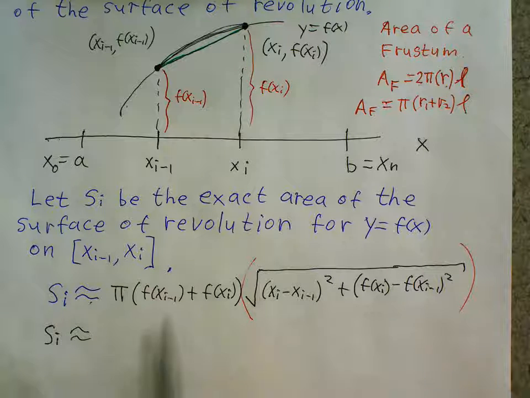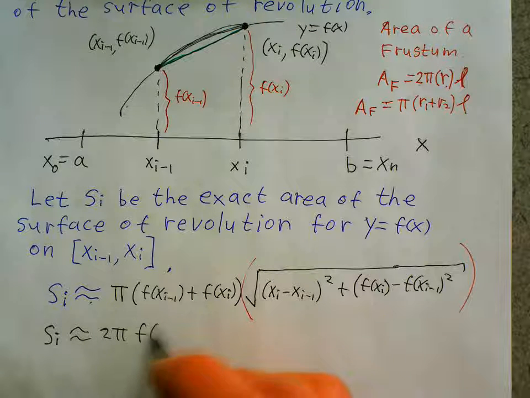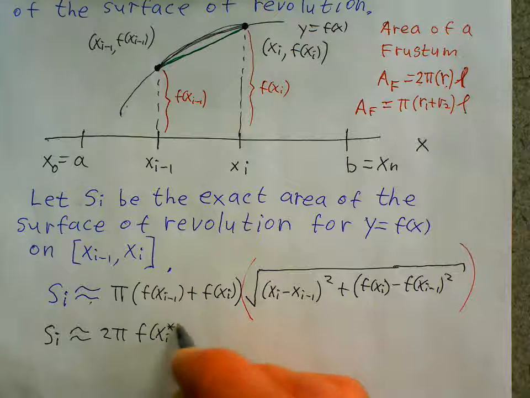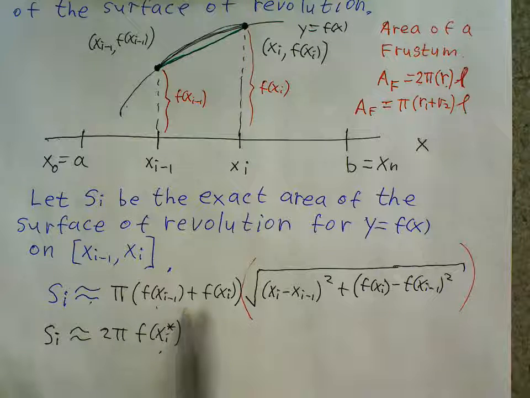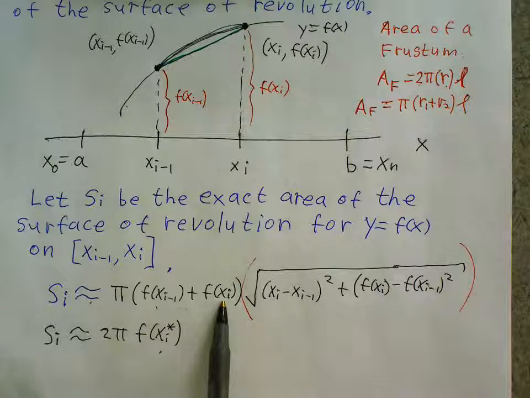So we'll write this as 2 pi times f of x sub i star, where f of x sub i star is the average of f of x sub i minus 1 plus f of x sub i.